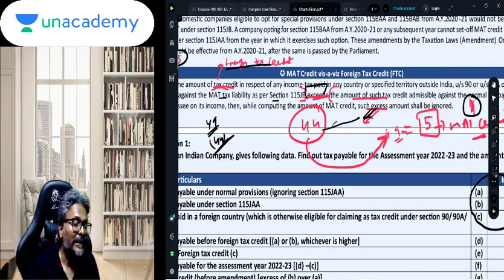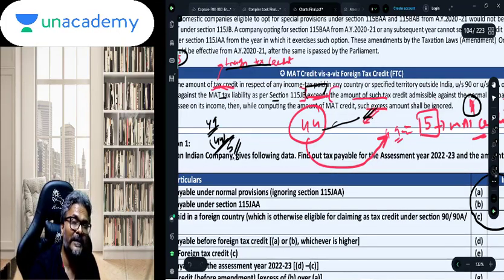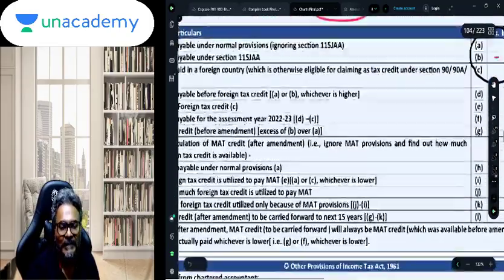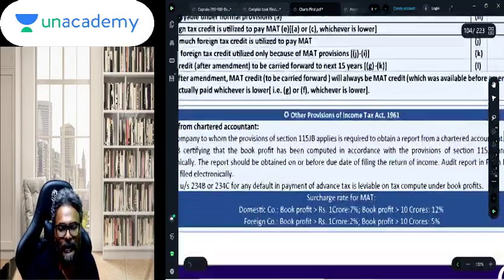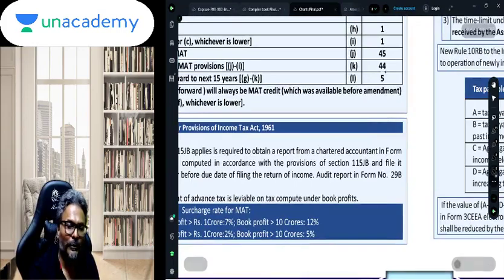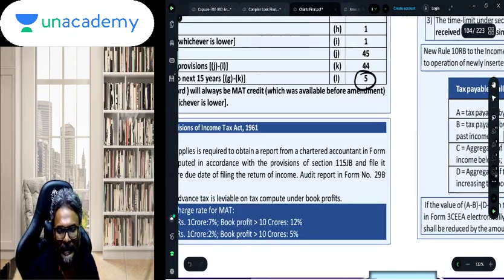So therefore, the excess amount, which is 44, in the MAT credit of 49 will get lapsed. If that be the case, how much is the balance MAT credit which is left? It is only 5. Only 5 will be allowed to be carried forward in this case.